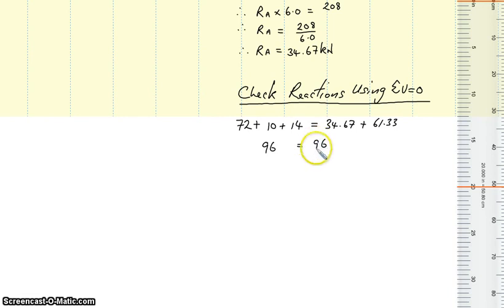If we take it to our nth degree, giving that this is a plus 96, bring it across, it becomes negative. So 96 minus 96 actually sums up to be 0. So therefore the sum of the verticals do equal 0.